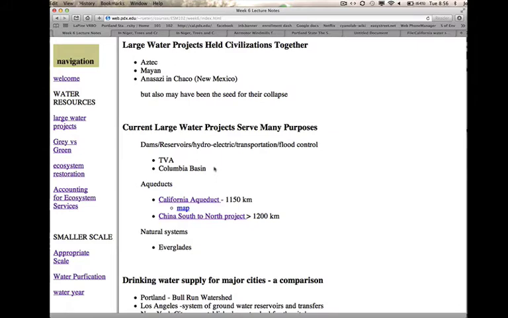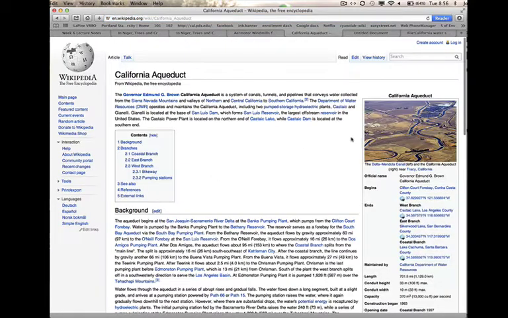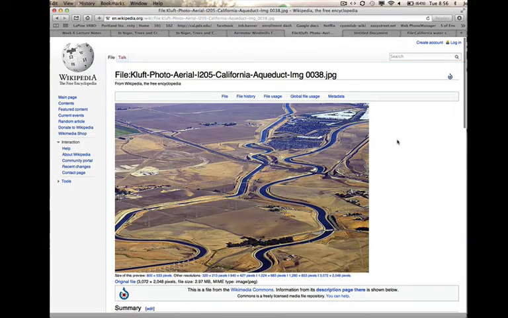There are also aqueducts. These are just for moving water around. If we look at the California aqueduct system, you can see that it's a series of canals that move water all around the state, and that moves an enormous amount of water.